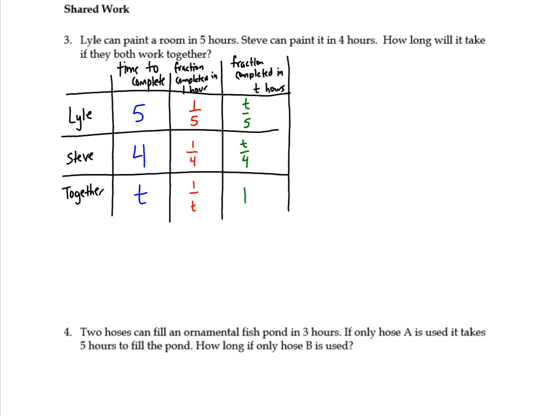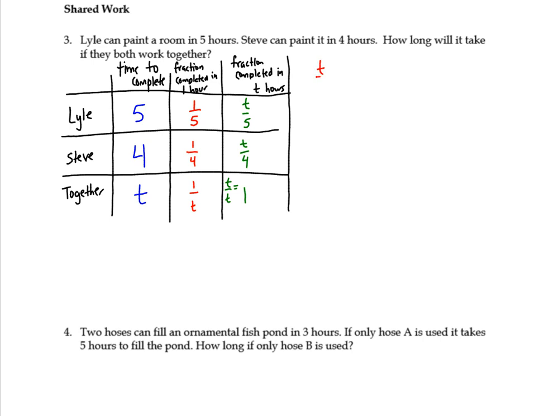Okay, so t over t is the same thing as t over t, which is equivalent to just 1. Now we can use either the second or the third column for our equation. It really doesn't matter. If I use the last one, I'll start with the last column.